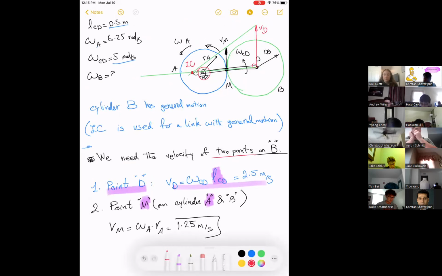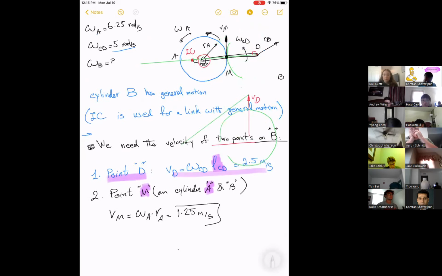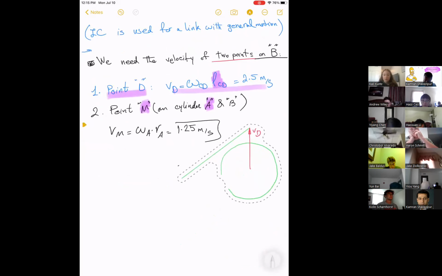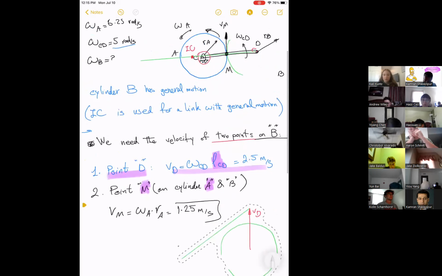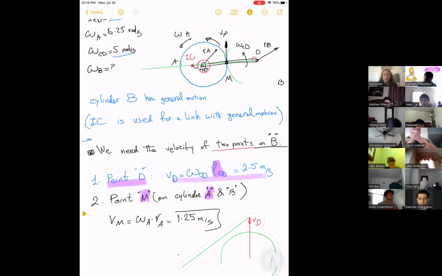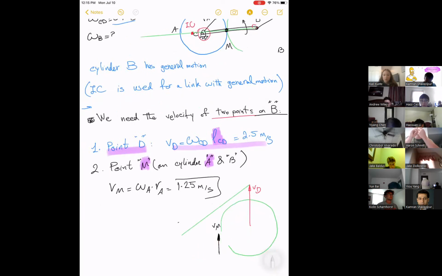So I'm going to use this guy and move it down. I'm going to use this guy and kind of move it down. And then I'm going to take this line.